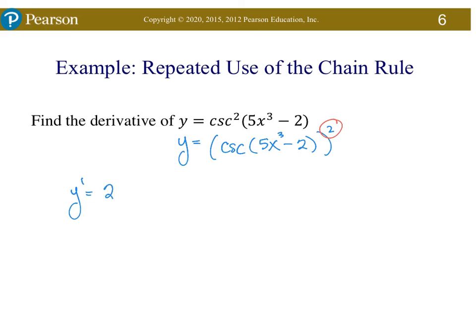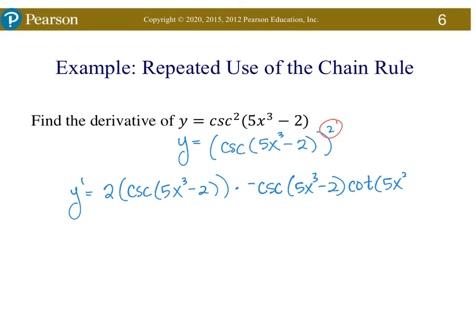So it would be 2 in the front, the cosecant of 5x cubed minus 2. The next chain would be the derivative of cosecant, which is negative cosecant cotangent. So we'll have negative cosecant of 5x cubed minus 2 times cotangent also of 5x cubed minus 2. And then we have another chain, which would be the derivative of 5x cubed minus 2, so 15x to the second.